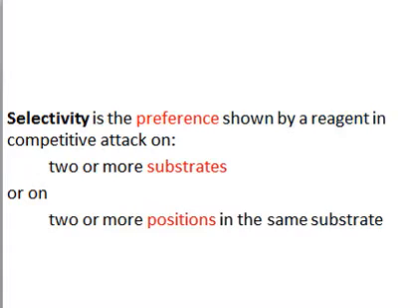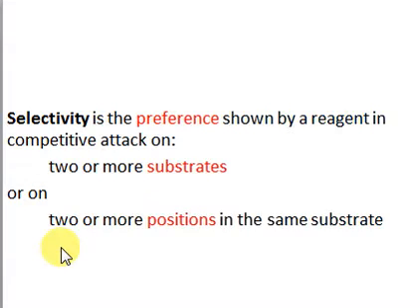Selectivity means preference, right? When we talk about selectivity in organic synthesis, it means that when we are carrying out a reaction with a reagent, the reagent prefers one substrate to another, or the reagent may prefer to attack one position over another.